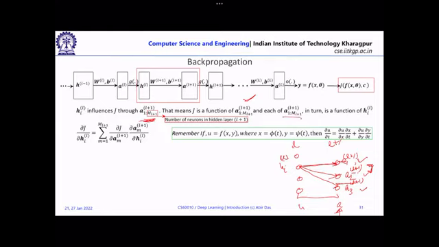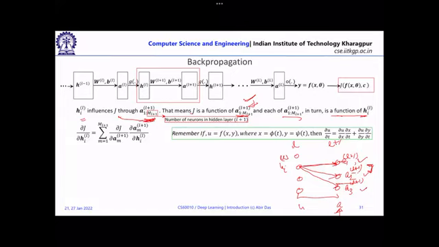And each of these is in turn a function of HIL. So J is a function of all of these because HI is influencing all of these, and that in turn is influencing J. So J is a function of all of these, and each of them is a function of HI. So now we will go into a little extension of the chain rule.